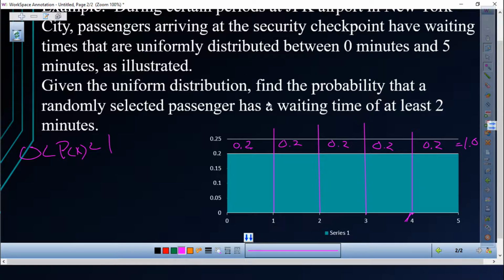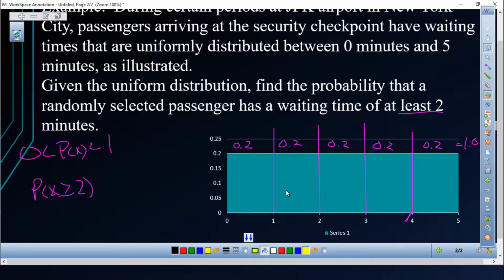All right, so our question was, has a waiting time of at least 2 minutes. So that's going to be the probability that x is greater than or equal to 2. Let's find that area, from here to here.